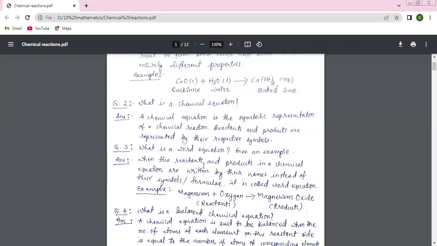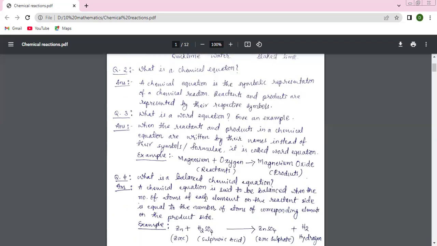Next question is, what is a word equation? Give an example. When the reactants and products in a chemical equation are written by their names instead of their symbols or formula, it is called a word equation. Here is the example.